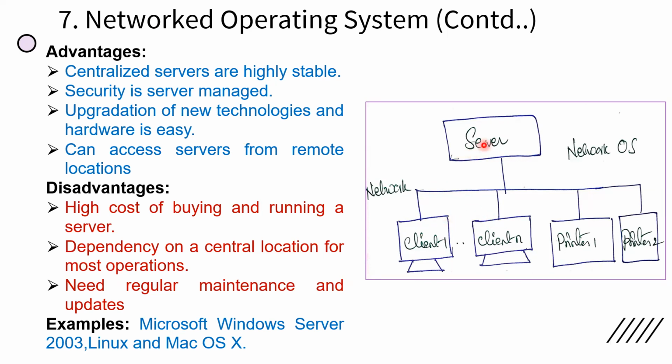Since all the network related operations are being managed by a single server, if the server fails or if the server is compromised, then the entire LAN will be under security breach. It needs regular maintenance and updates. Examples of networked operating system include Microsoft Windows Server and Linux and Mac OS X.